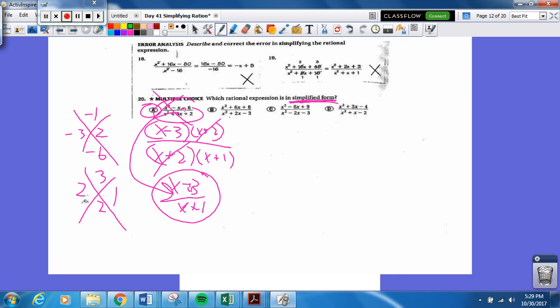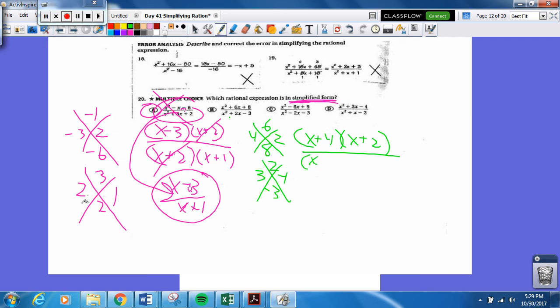B now, let's try it. Ready? Write in your notebook. So we got 6 and 8. 4 and 2. So my numerator is going to be x plus 4, x plus 2, divided by denominator. Let's check it out. 2 and negative 3. So it would be, where are we at? 3 and negative 1. Yeah. X plus 3, x minus 1. Look at those factors.